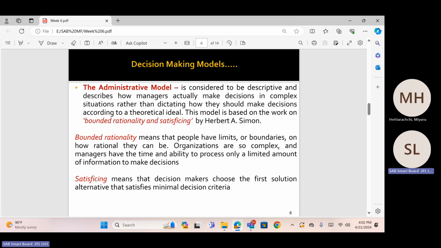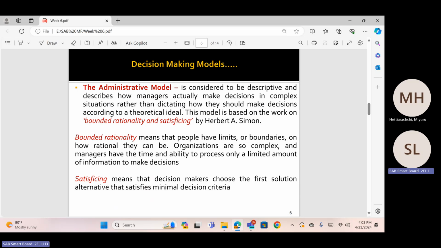That is called satisficing behavior. Therefore, these two conditions intervene in the final decision making of the decision maker, irrespective of the different types of decisions we identify. They intervene in managers.